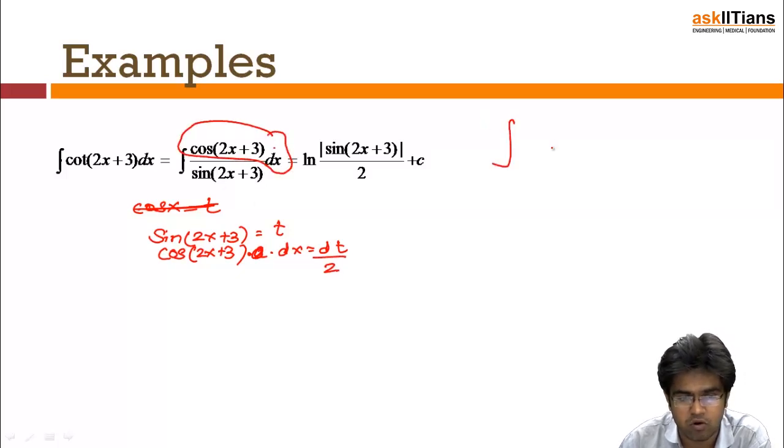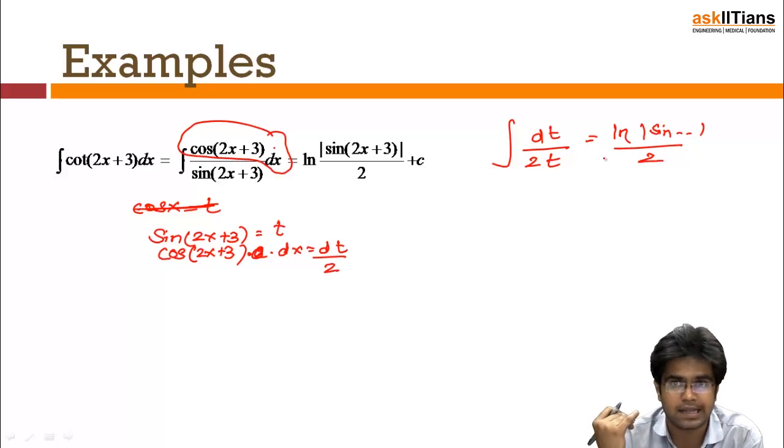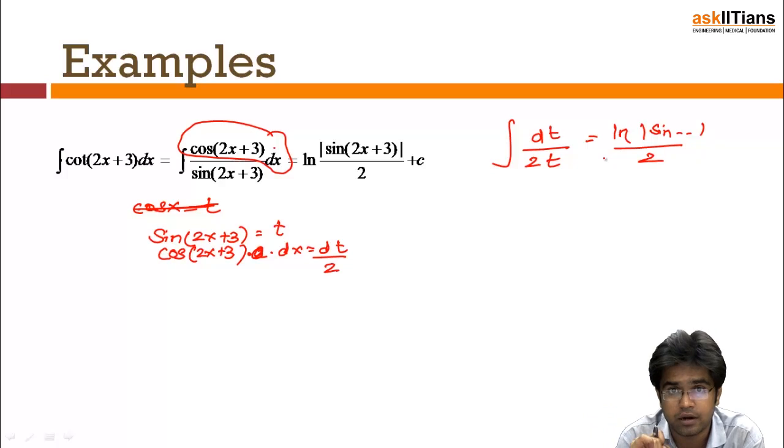So I am going to write integral of dt divided by twice of t. dt by t is ln t. So ln mod t, and what is t? t is sin of 2x plus 3, then divided by 2. So that is how you first simplified it, then you substituted, and that's how we reached the answer.